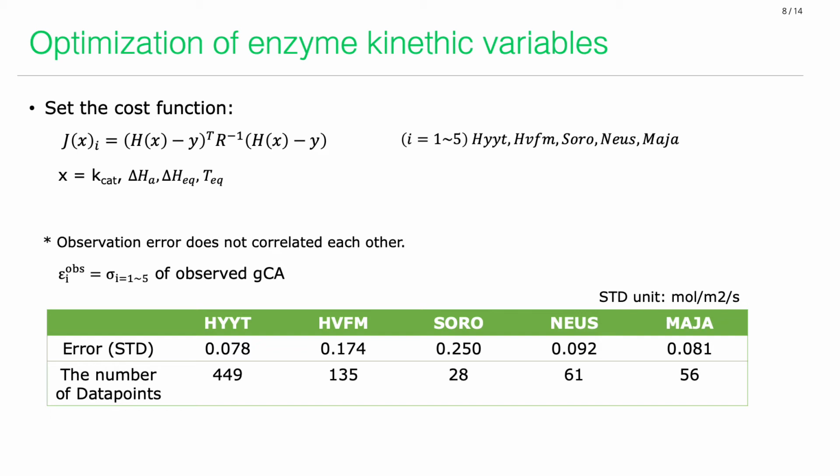Those four factors are optimized to minimize the cost function. There is also an error term R, for weighting the deviation, and we applied it as the standard deviation of the observed enzyme conductivities.